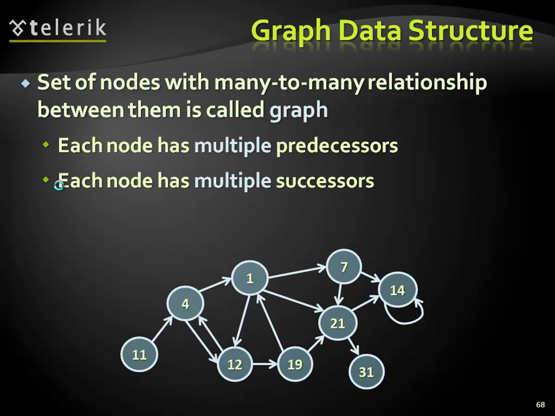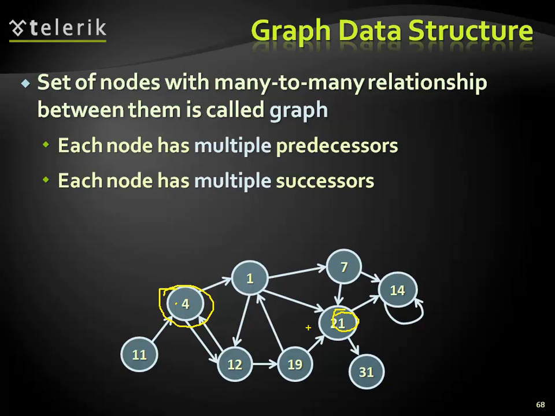Trees, we said, are nodes in which each child has only one parent. One parent can have many children, but each child has only one parent. In graphs, that restriction isn't applied. In graphs, there are nodes, and you could say they have parents, but they can have more than one parent. Meaning that you can get from one place to another in a lot of ways.